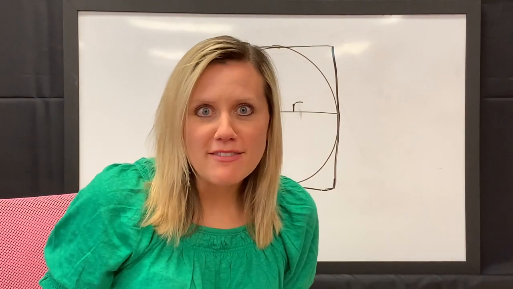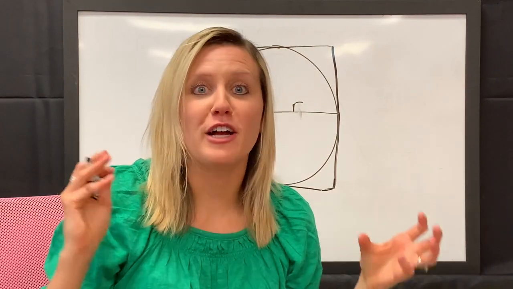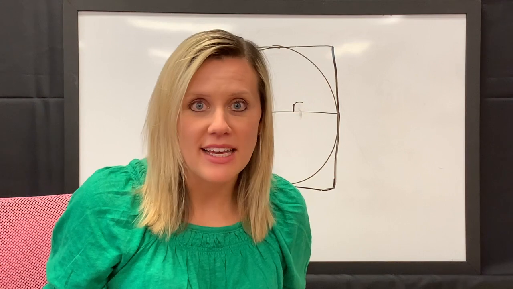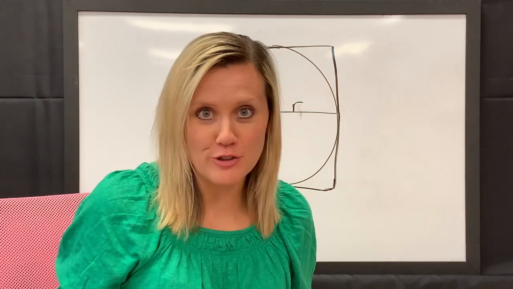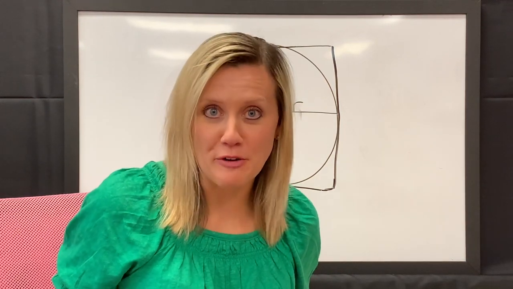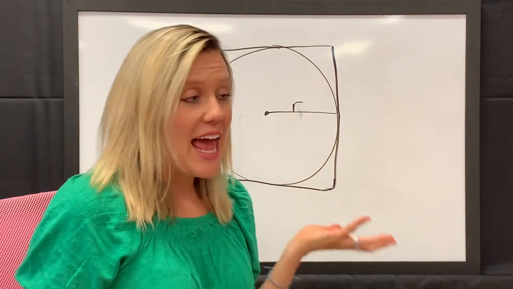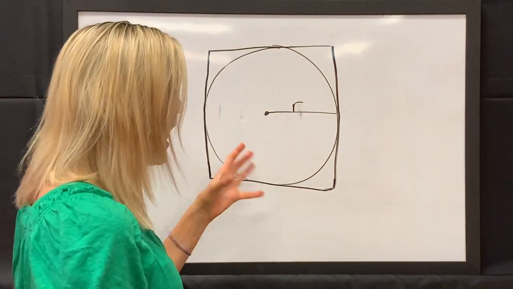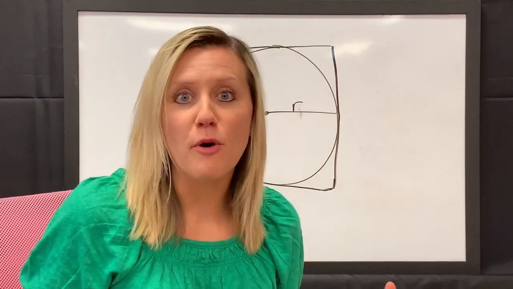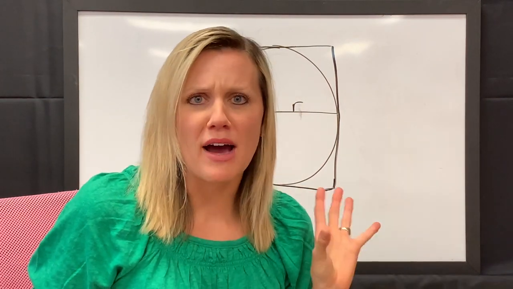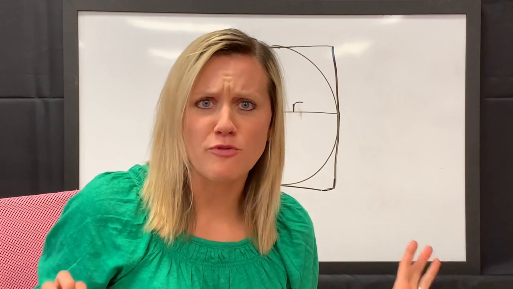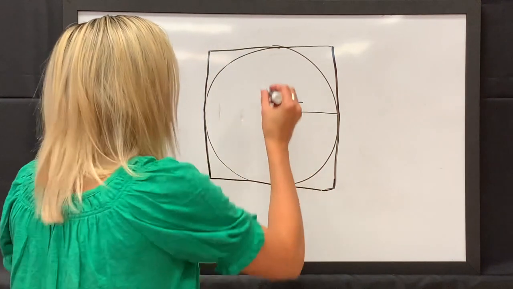Remember, the radius of a circle starts from the center and goes out to any edge of it. Now, let's pretend my circle's perfect, and my perfect circle is inside a very perfect square. And now let's pretend I want to find the area of a portion of my square. So I'm going to split up my square into 4 equal parts.